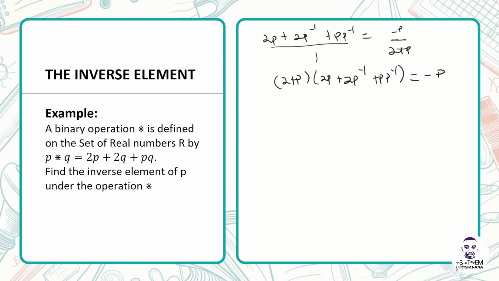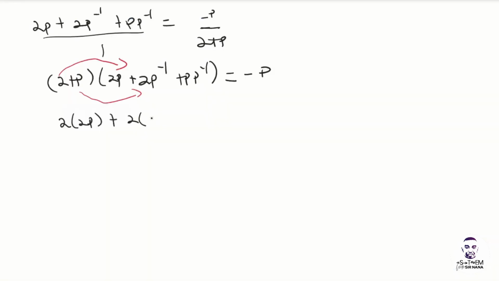Now let's expand this. In expanding this, all that we are going to do is that we will take the 2, then we'll multiply it over these numbers. Then we'll take the P, and then we'll multiply it over these numbers. So now let's consider that. So we are going to have 2 multiplied by 2P plus 2 multiplied by 2P inverse plus 2 multiplied by P inverse, right?